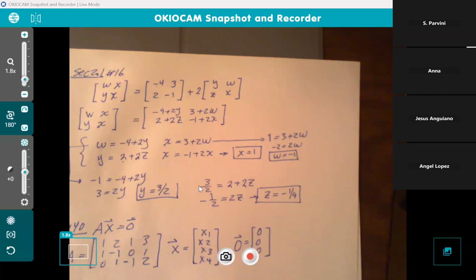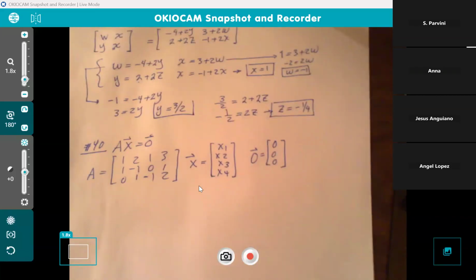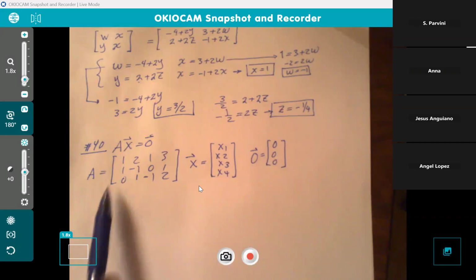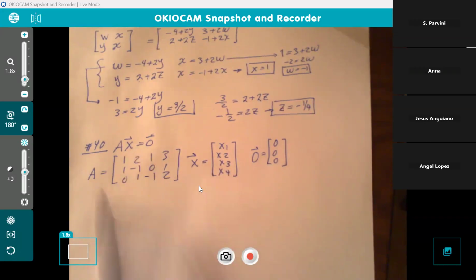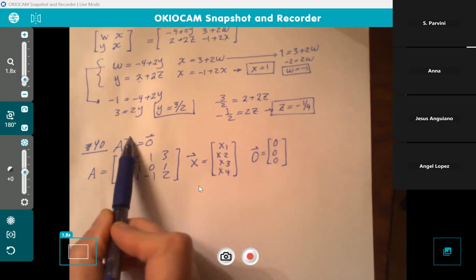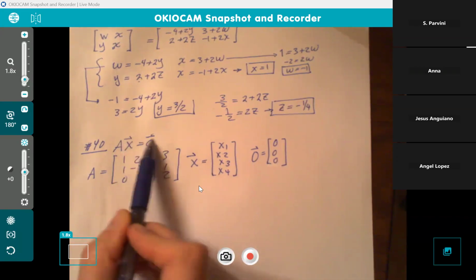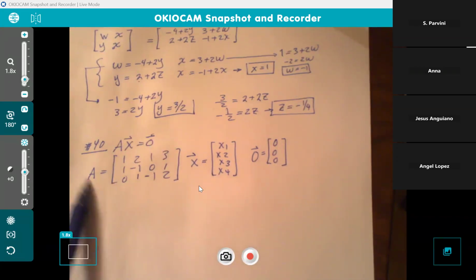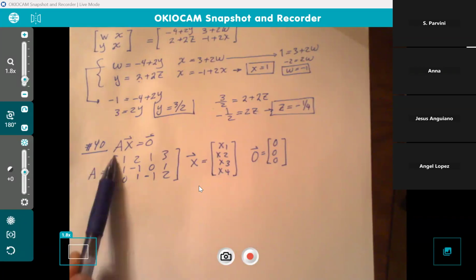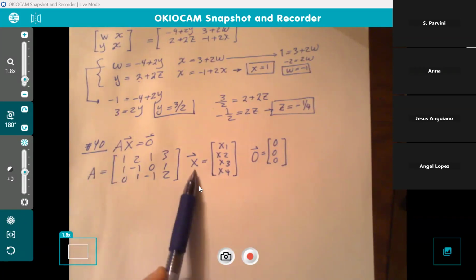And this is what I jotted down as I was reading the problem. You see here, I'm using the vector notation instead of matrix notation. Why? Because he's thinking of a matrix, so I have a matrix. And here, he used boldface. Remember, boldface in this book means vector expression.